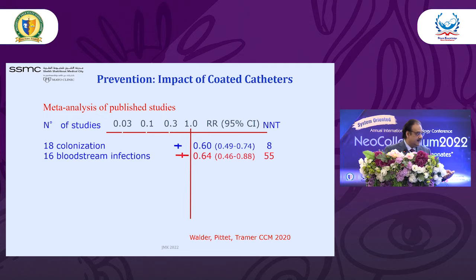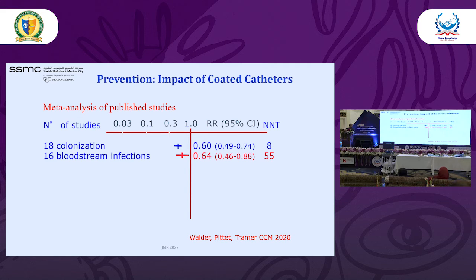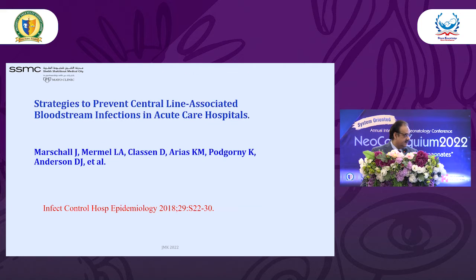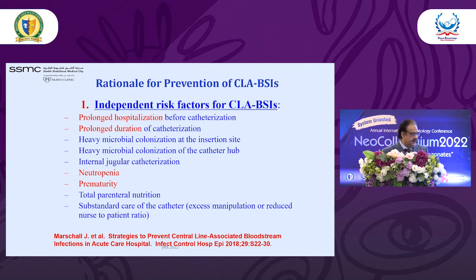The meta-analysis published in 2020, the 18 colonization and 16 bloodstream infection, the number needed to treat at 8, and 55, it can reduce by 20%, 30%. But I think if you are doing a proper antiseptic technique and hand hygiene, you don't need these specialized things.